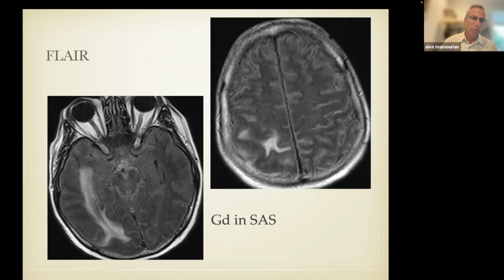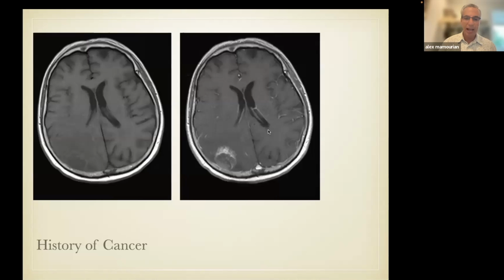Now, remember, these scans are T1 weighted and T2 weighted. So this is the T2 abnormality in the parenchyma. This is the T1 abnormality, or alteration of the T1 relaxation in the CSF, on the FLAIR imaging. Now, this patient had a tumor, and this is contrast enhancement with gadolinium.